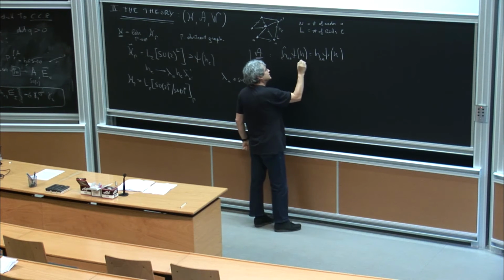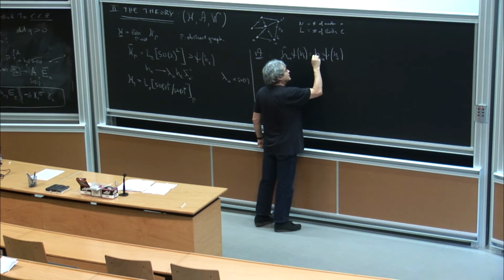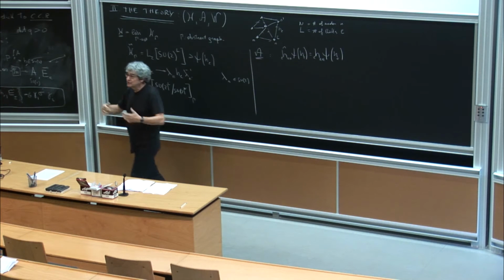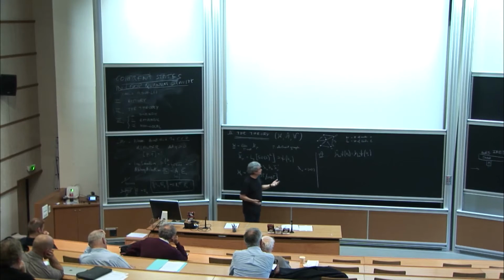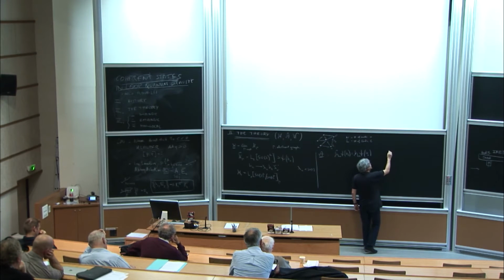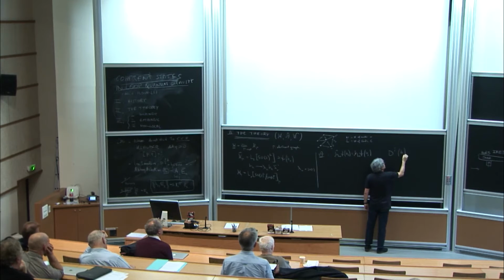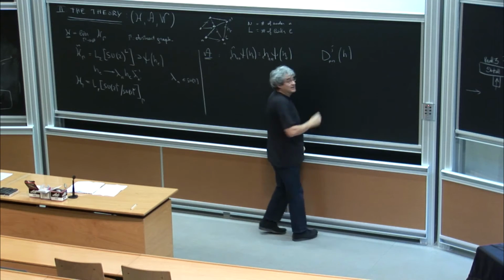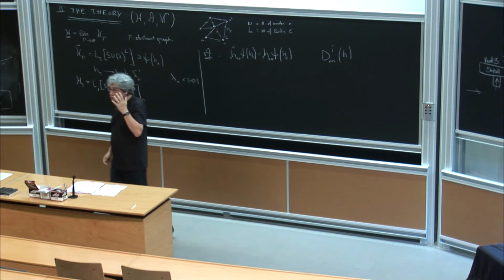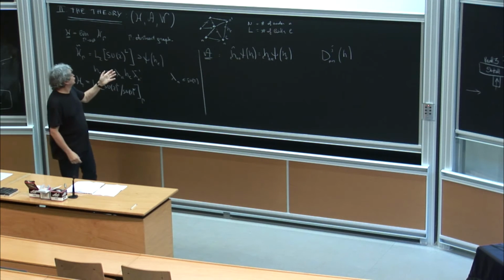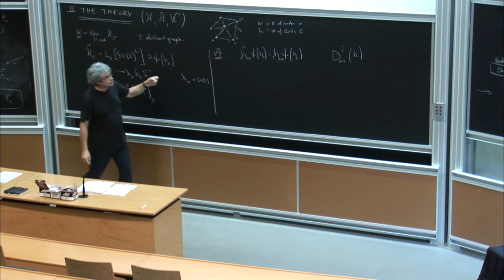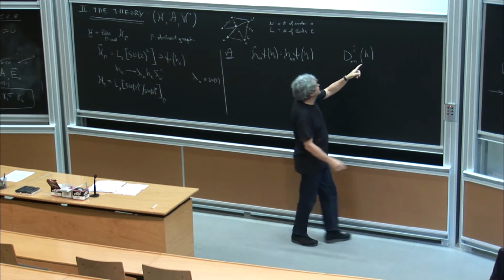So there's an L here, for each one of these. For instance, let's take a basis of functions on SU2. A basis of functions is given by the Wigner matrices. This is in fact an orthogonal basis in SU2.